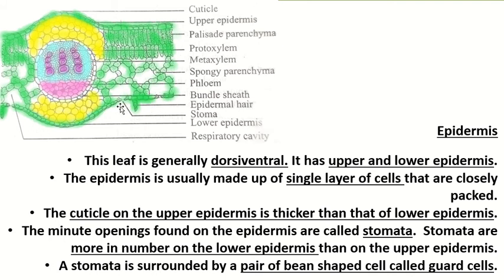The stomata number is more in the lower epidermis when compared to the upper epidermis. Stomata is surrounded by a pair of bean-shaped cells called guard cells. In the picture you can find the structure of stomata, which has the guard cells.